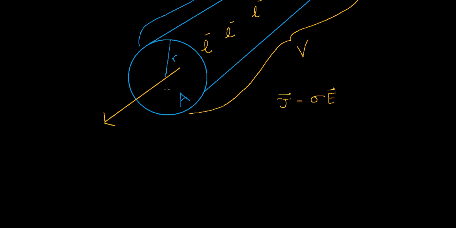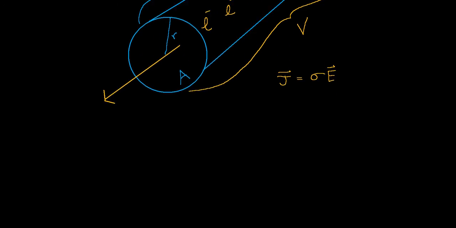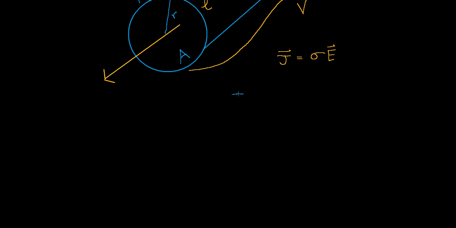So J is equal to the current divided by the cross-sectional area of the conductor. Imagine there's a current flowing here, and this is the area. We divide the current by the area, and this is the current density.